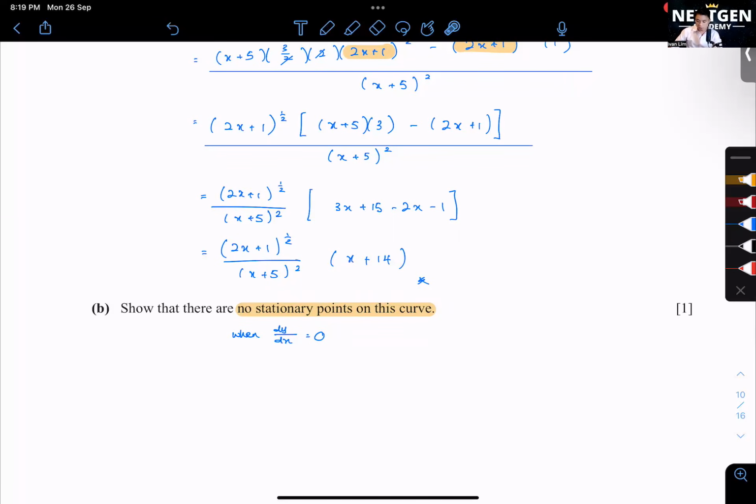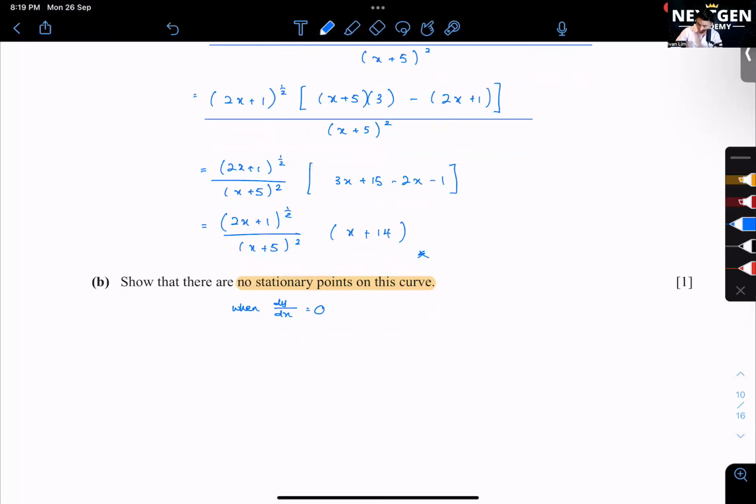Okay, so the only values that you need to take is your numerator. For this equation, your dy over dx is 2x plus 1 to the power of 1 over 2 over x plus 5 squared times x plus 14. So you just got to remember, for dy over dx kind of question, if it's quotient rule, most likely they will ask you some questions like this and then equals to 0.